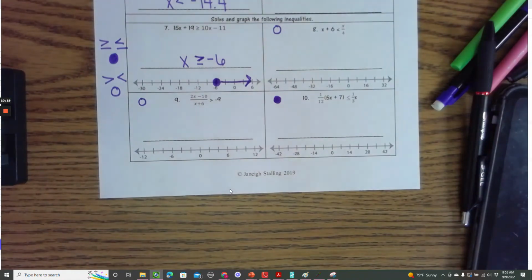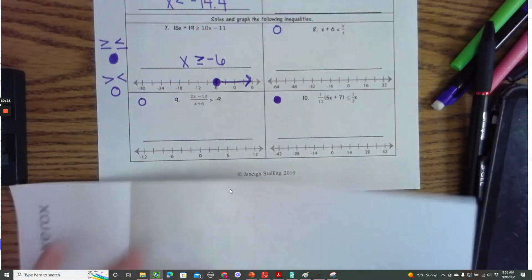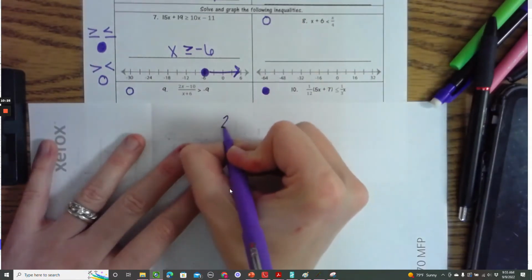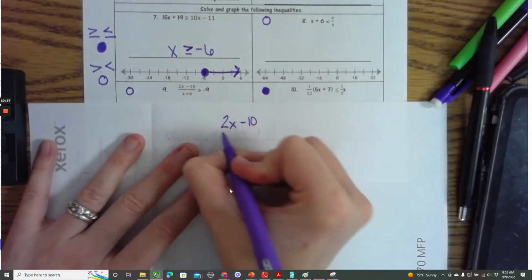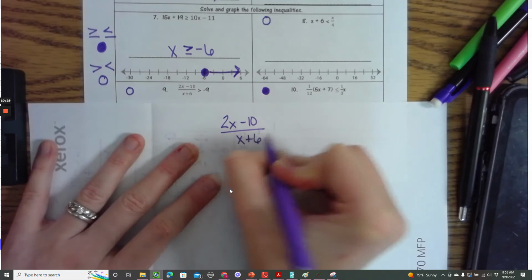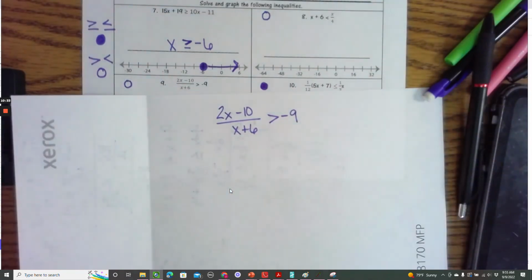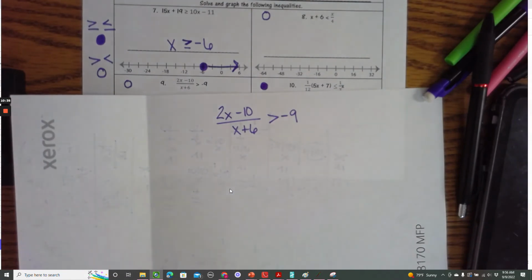Okay, so last problem here. 2x minus 10 over x plus 6 is greater than negative 9. All right, what does your gut tell you? What should I do first?